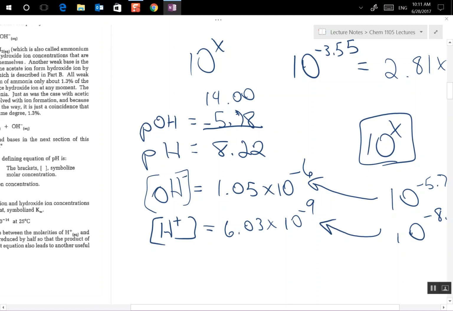So if it's basic, it turns yellow or green. If it's acidic, it turns orange or red, okay? And it will have a chart on it. You match the color that it turns to the chart to identify the approximate pH. Okay? And then you'll record that pH.